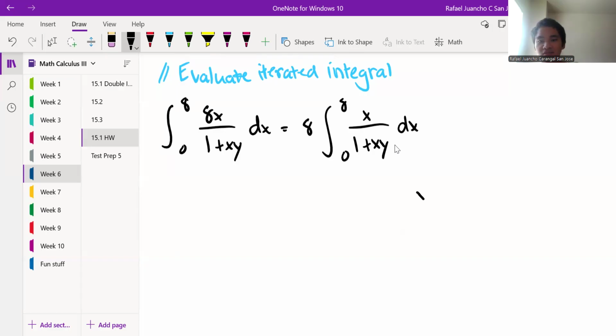This is the same as x over 1 plus x. Let's say y is 1. How do I integrate that? Can't really do a u sub here. What can I do? How do I reformat this thing? X over.